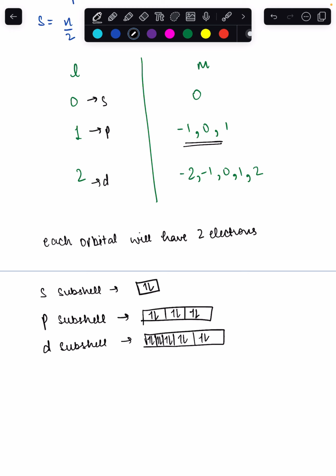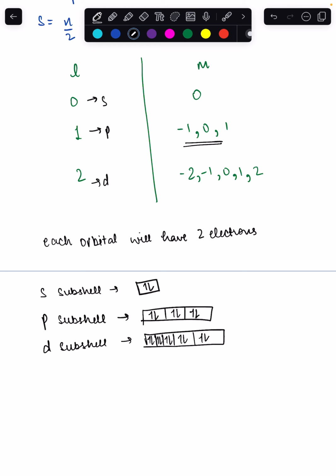Now we need to figure out some patterns. I do not want you to memorize the formulas for how many orbitals and how many electrons there are going to be; I want you to have it with explanation.